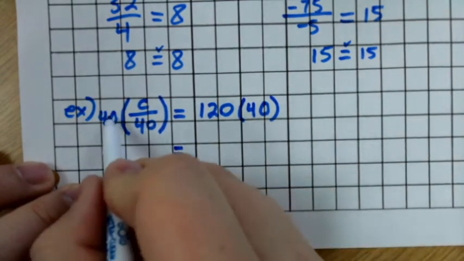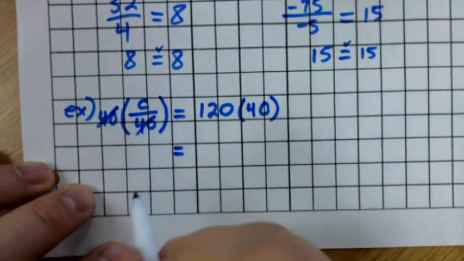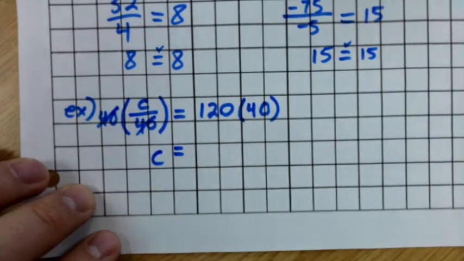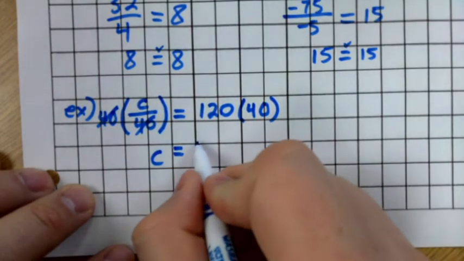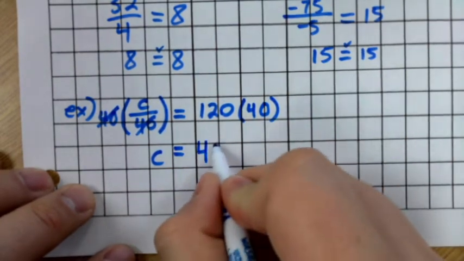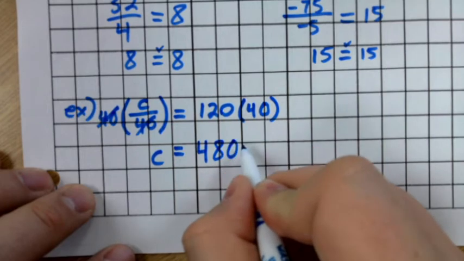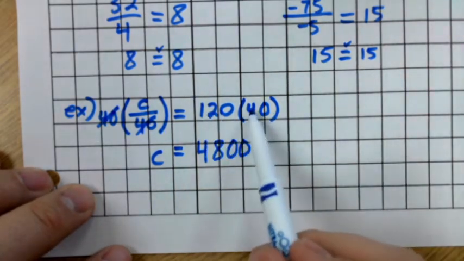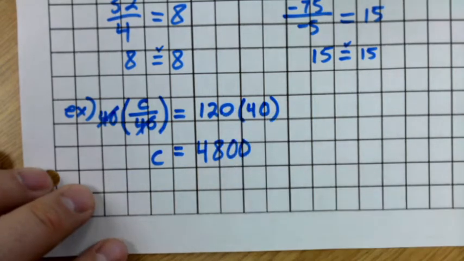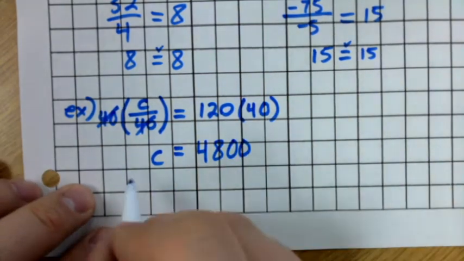Now, let's do the math. These cancel out, and we're left with c. And 120 times 40 equals 4,800. How did I do that? 12 times 4 is 48, and put the 2 zeros on the end. Now we can check our answer.